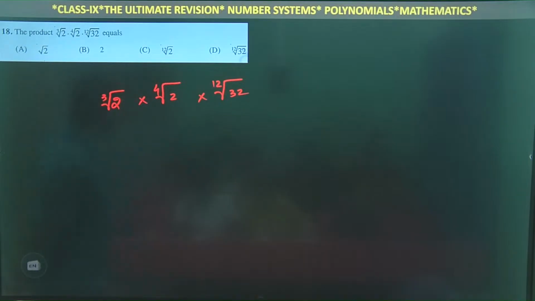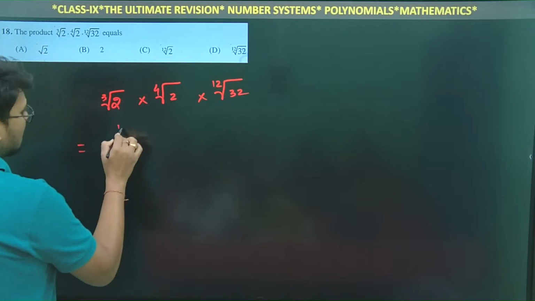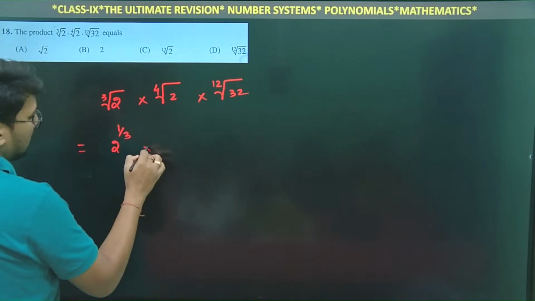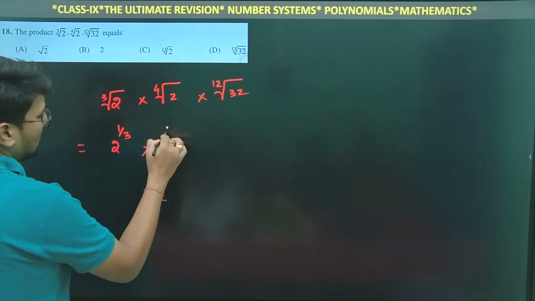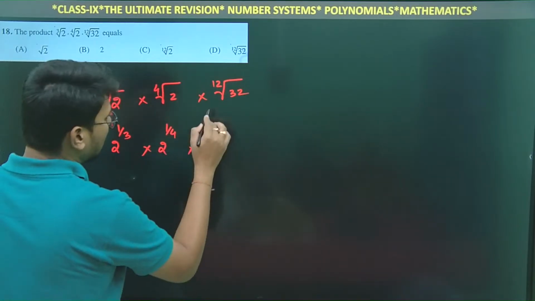Product would be how much? Right? Okay. So you can write this is 2 to the power, this one, 1 by 4 into this one.